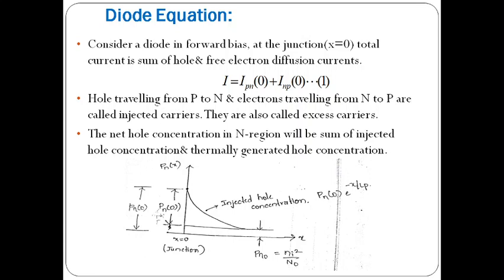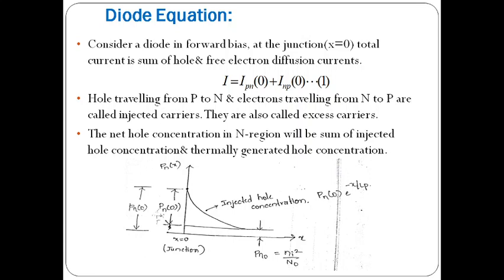The injected hole concentration is exponentially decaying, so it is capital Pn of 0 into e power minus x by Lp, and the thermally generated hole concentration is small pn naught. So the total hole concentration in the N region is Pn of x at any point.